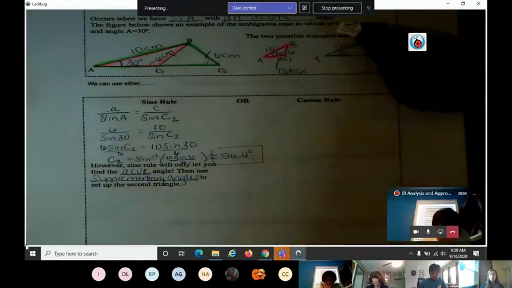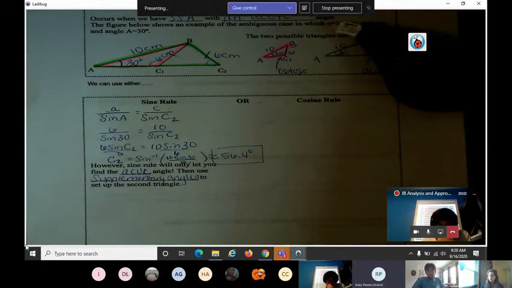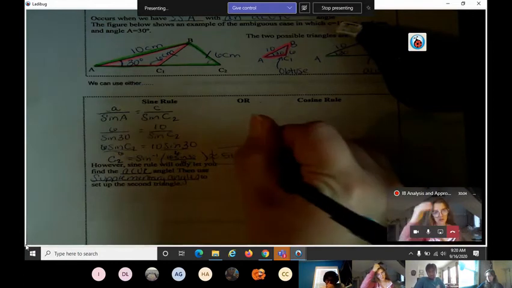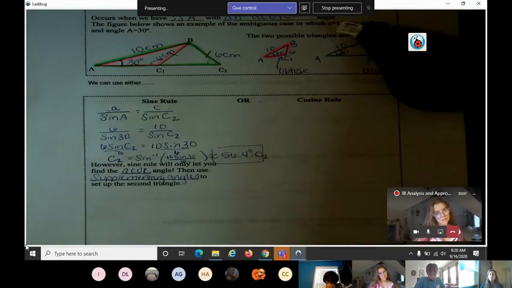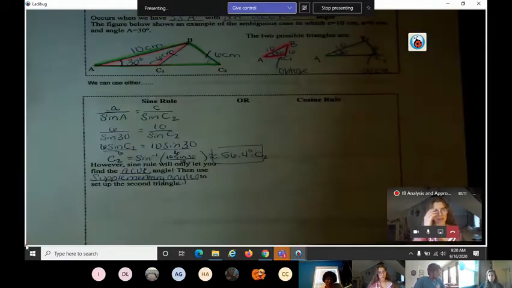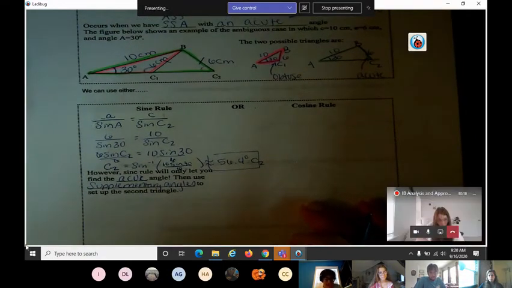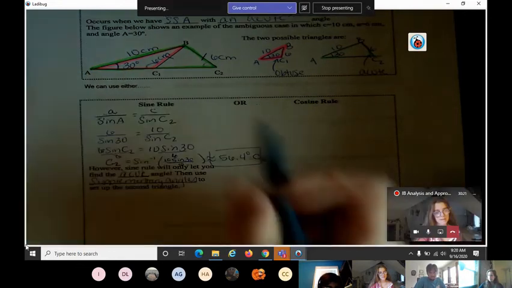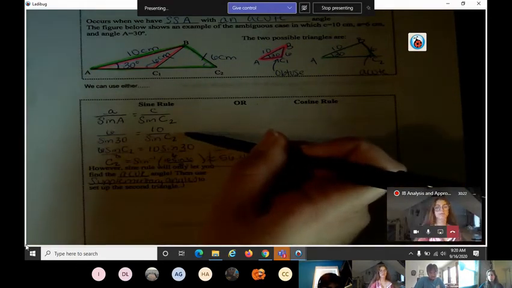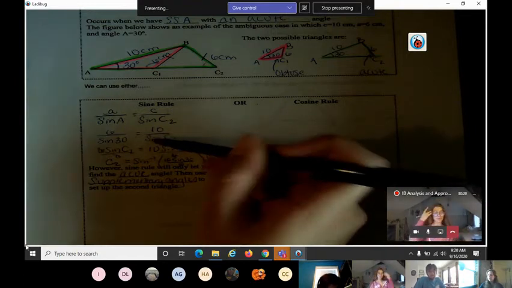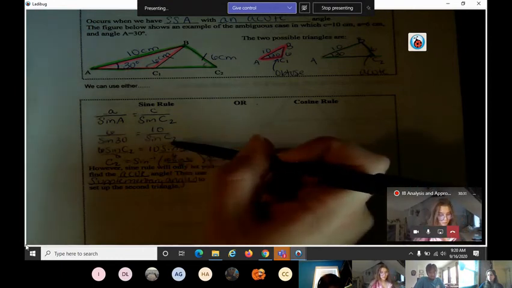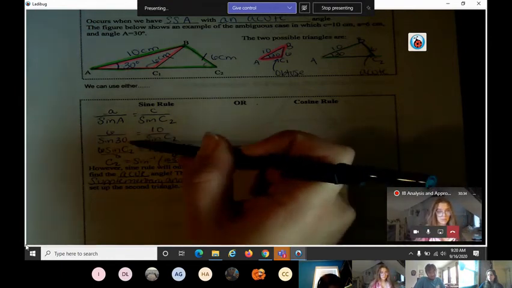Okay, so what questions do you guys have so far? I'm actually lost. Okay, where do you last understand what we were doing? With 6 over sine 30, I just don't remember what you did after that. Okay, here I cross multiplied, so I have 6 times sine C2 equals 10 times sine 30.